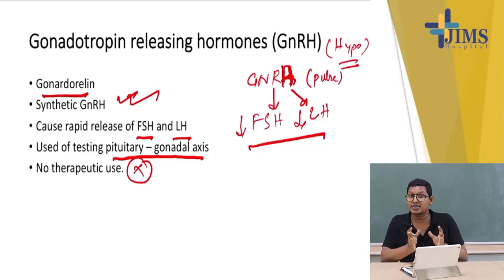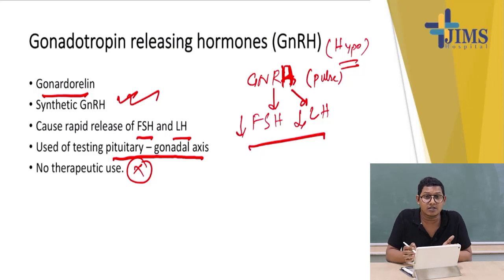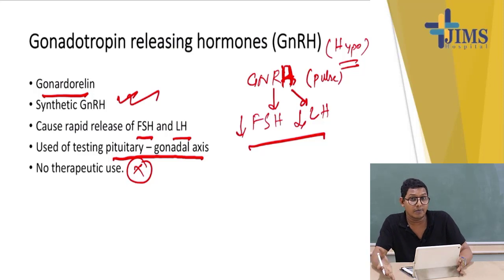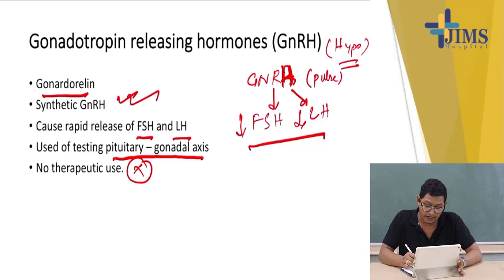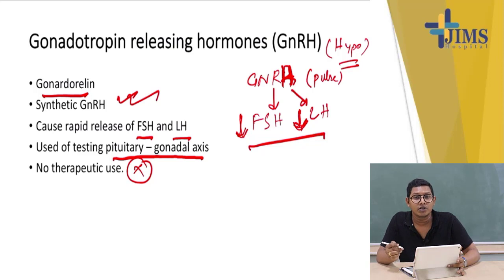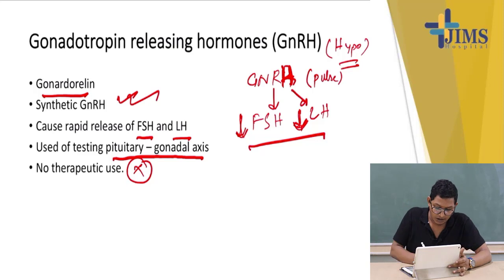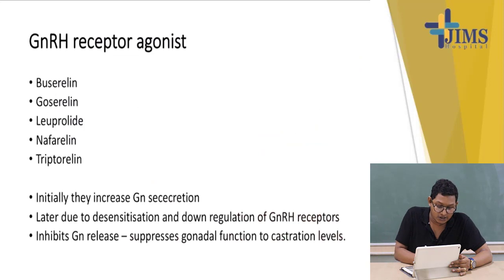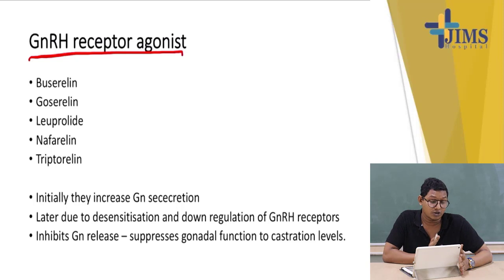So we need pulsatile stimulation, and with the use of these drugs you cannot give pulsatile stimulation. There will be continuous availability of GnRH, and so rather than an increase, you will find a decrease in FSH and LH due to receptor desensitization and down regulation. Therefore they are not used therapeutically, though GnRH receptor agonists are used therapeutically.